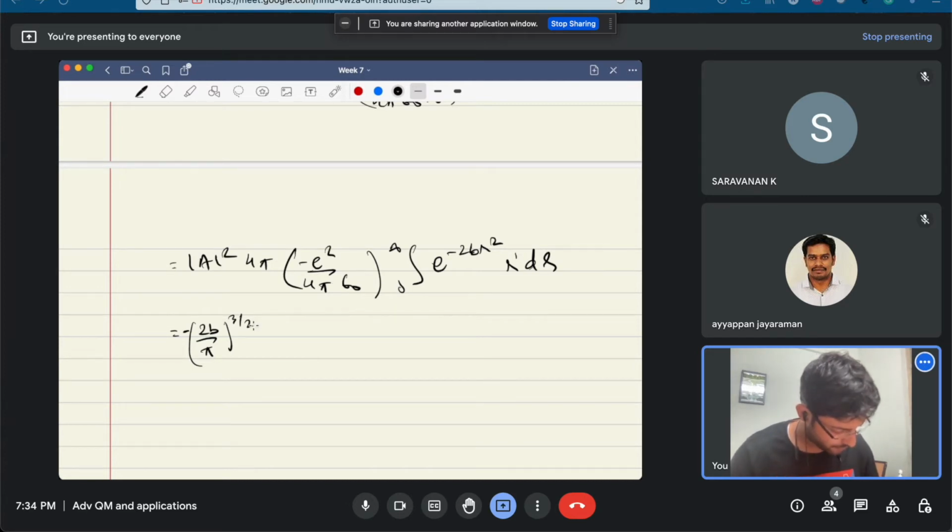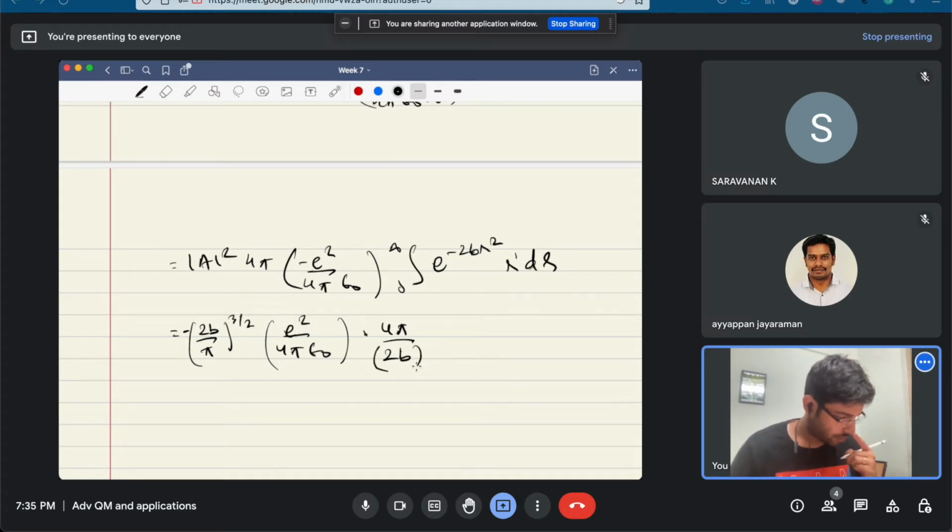Okay, so what we have here is e square by 4 pi epsilon naught. We have 4 pi, we get 2b. 1 plus 1 by 2 is 1, and we have 1 here, I suppose. Okay, right.